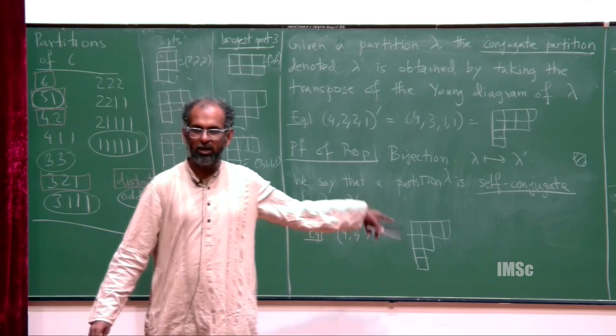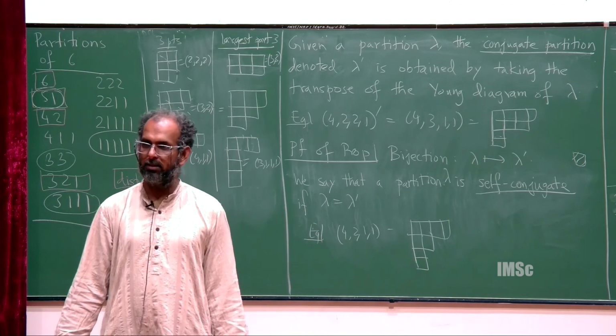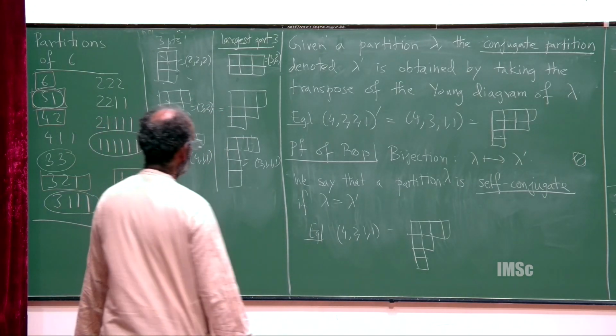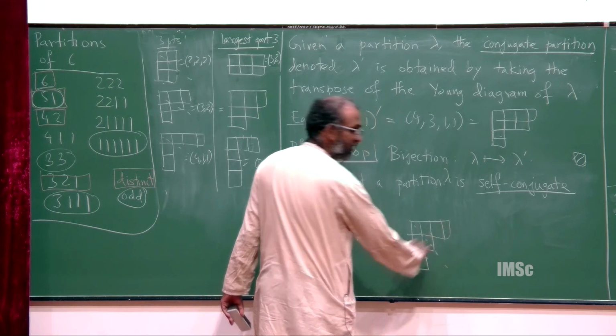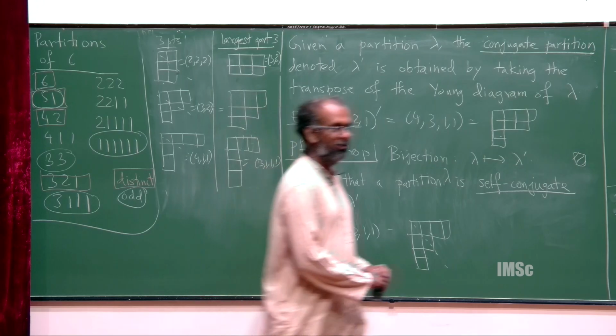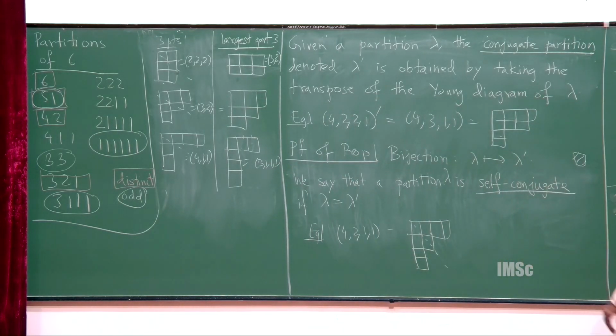Now you look at it column-wise, you get the same thing, right? Or in other words, you reflect over this diagonal, it's the same thing. Okay? So now I ask you to prove the following result. And the hint is to use the Young diagram.